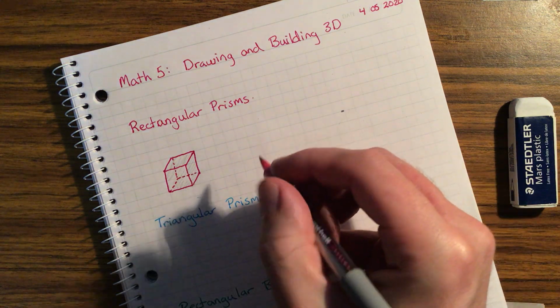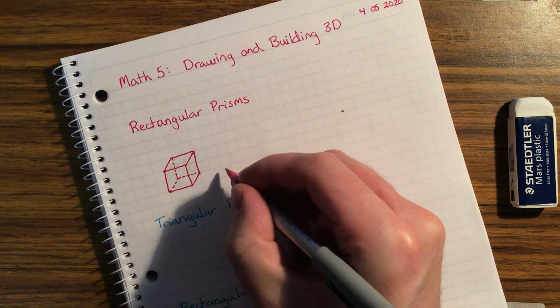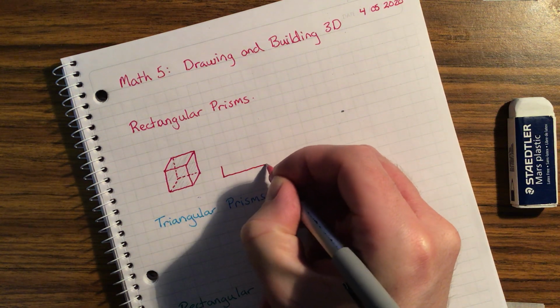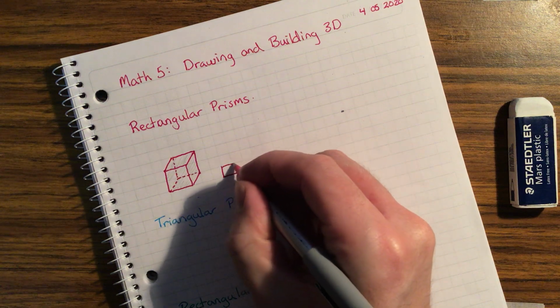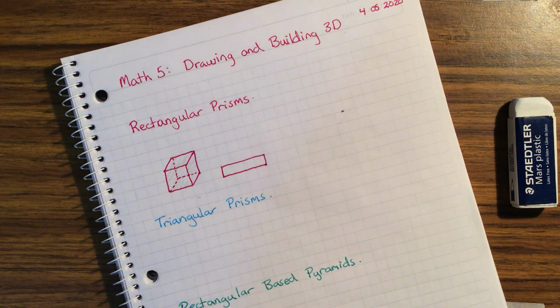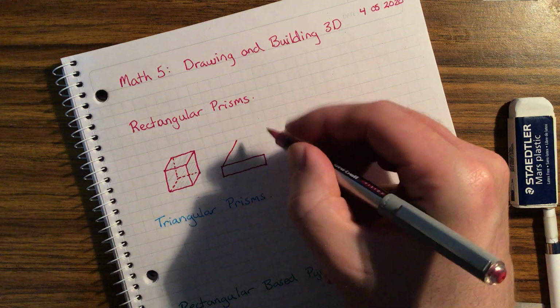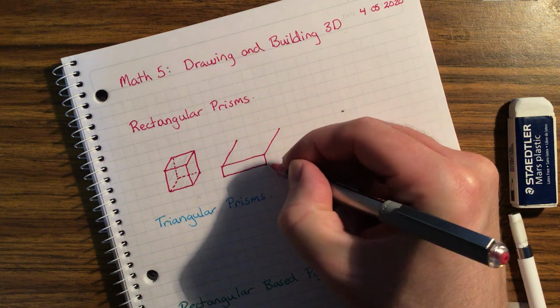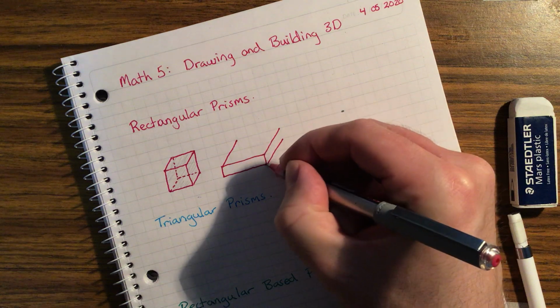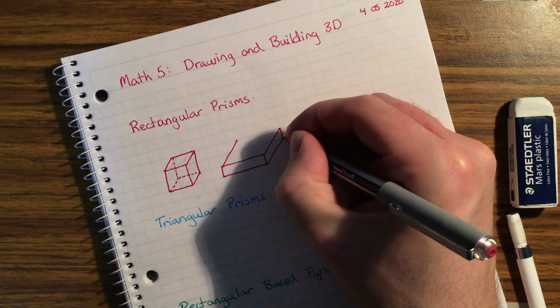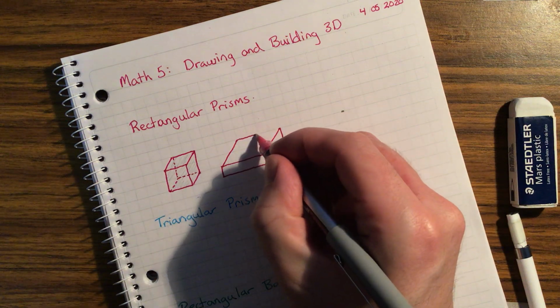This time I'm going to go for a thinner rectangular prism. So I'm going to draw my front face. And I want this to be a long, thin box. So now I'm going to go back a couple of squares, like that. And then connect up.